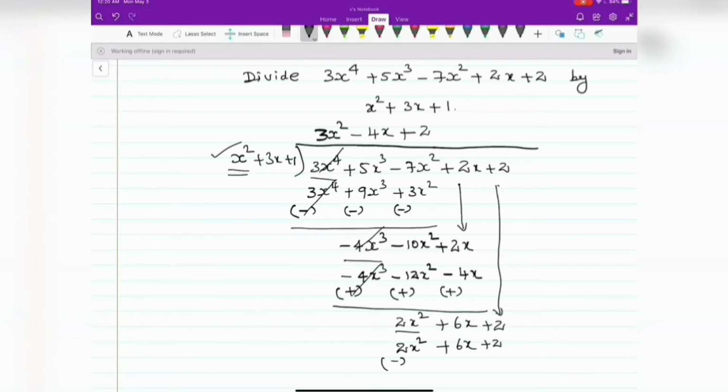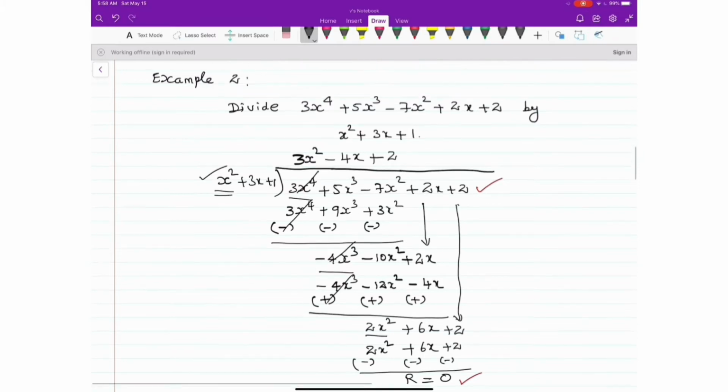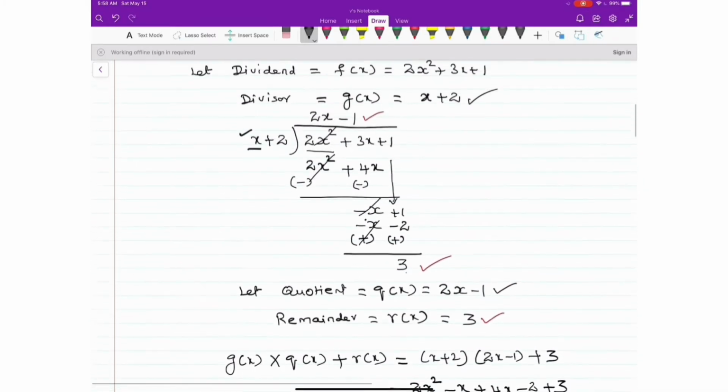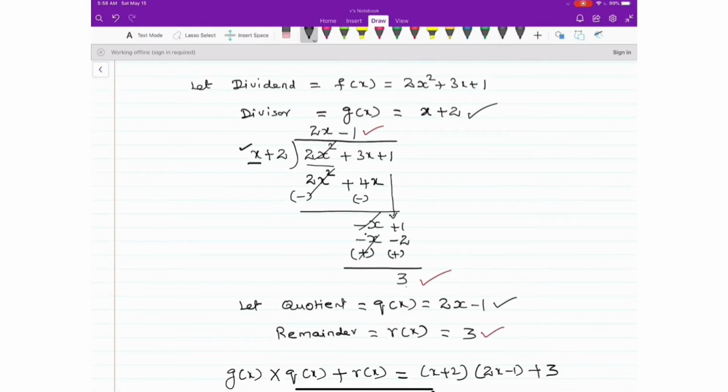So again the sign will change. All the terms will get cancelled. I will be getting the remainder as 0. In this example, we are getting the remainder as 0. Whereas in the first example, we got the remainder as 3.